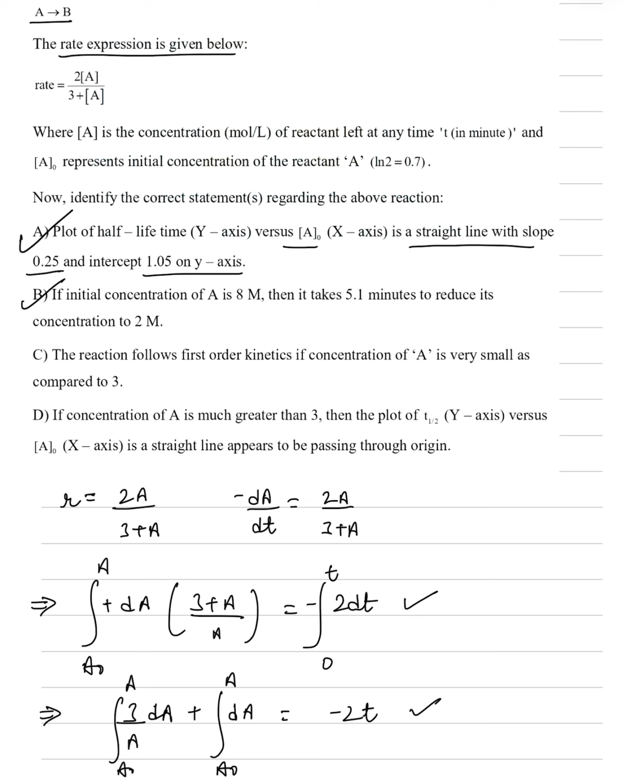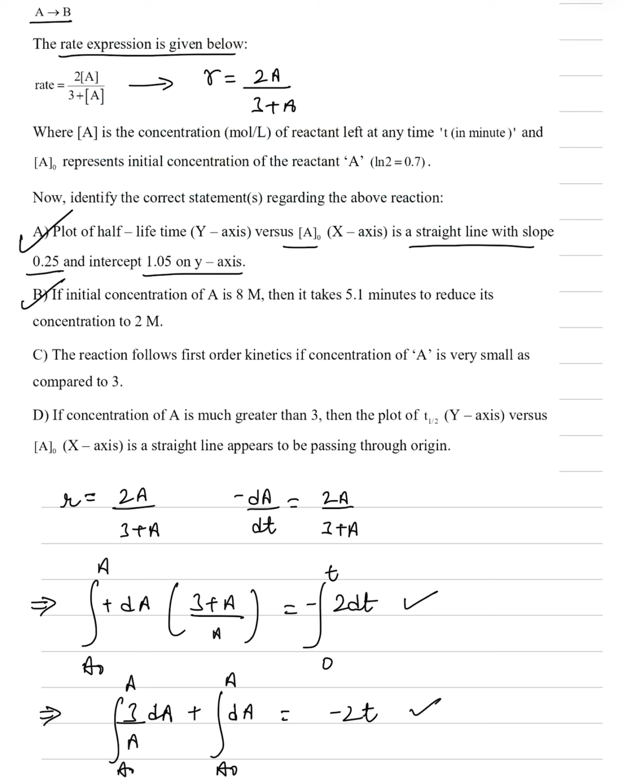Next, option C. The reaction follows first order kinetics if the concentration of A is very small as compared to 3. We'll solve this option here only. If you look at the rate equation, right? The rate equation is R = 2A/(3 + A). It is saying the concentration of A is very small as compared to 3.